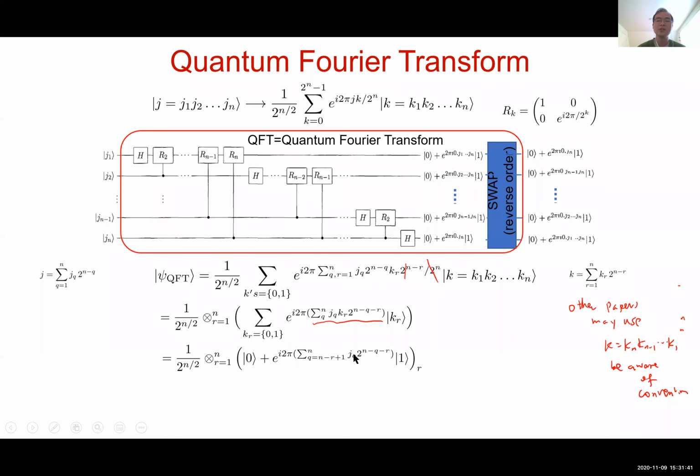So you're left with Jq, and q sums from 1 to n, but because of this factor, if n minus q minus r is greater than or equal to 0, then that means it's an integer. An integer times 2 pi just gives you a phase factor of 1.